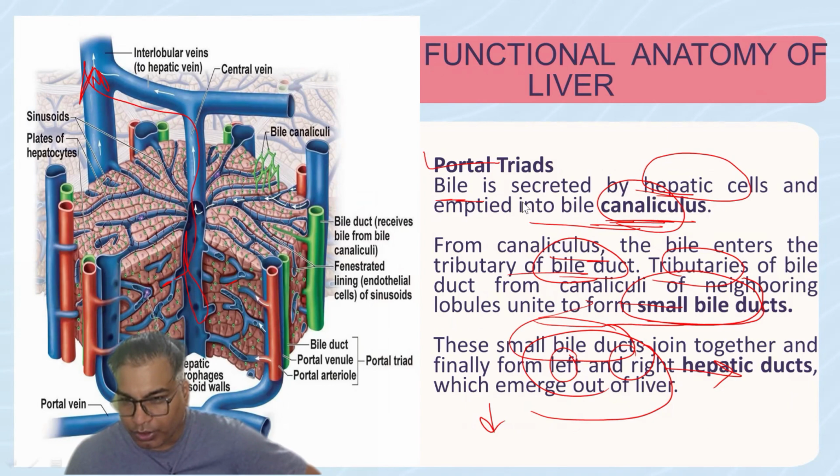So initially, bile was secreted by the hepatic cells and enters into the canaliculus. These canaliculi form tributaries of bile ducts, which lead into the small bile ducts.